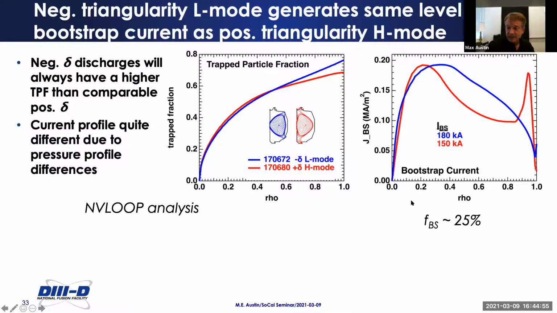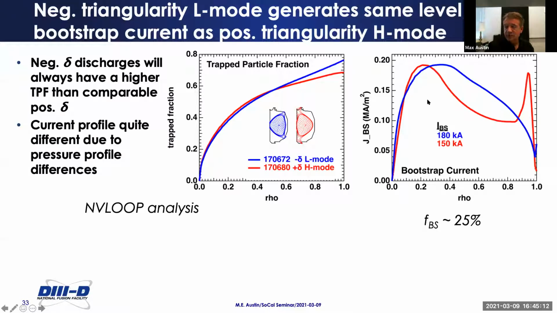And the numbers that it comes up with: the bootstrap fraction is on the order of 25% for this negative triangularity case when we compare to the positive triangularity. And this is a positive triangularity case that went into H mode, and therefore it has the steep pressure gradients at the edge, which give you this edge pressure.